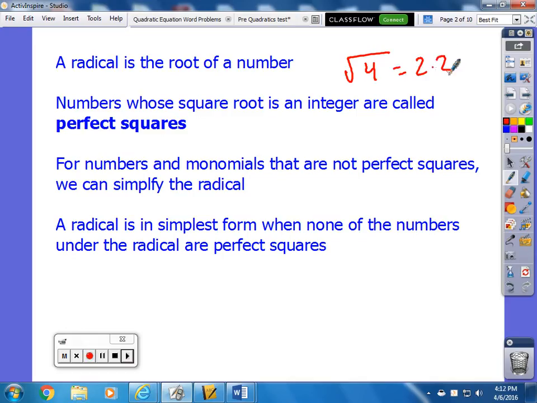For numbers and monomials that are not perfect squares, we just simplify the radical. A radical is in its simplest form when none of the numbers under the radical are perfect squares.